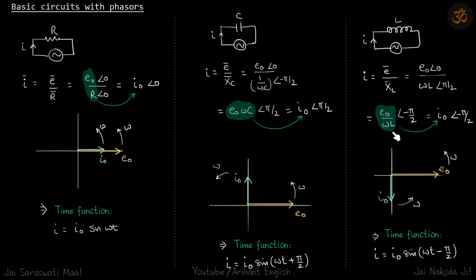This time we will write I naught as E naught by omega L. So E naught is here again, and current is lagging by pi by 2. So current will be here. So initial phase is minus pi by 2. That's why it is here. So again if we write it as a time function, it will be I naught sin omega t minus pi by 2, because initial phase is minus pi by 2.